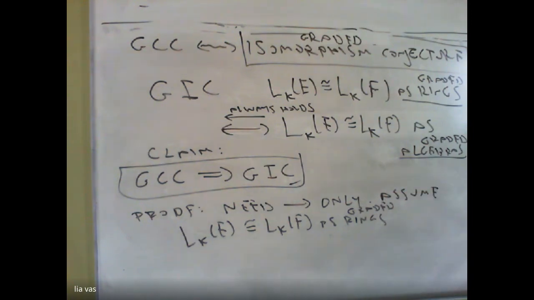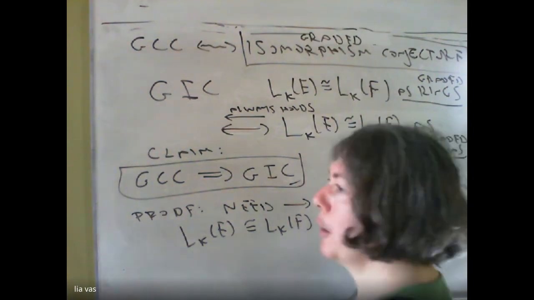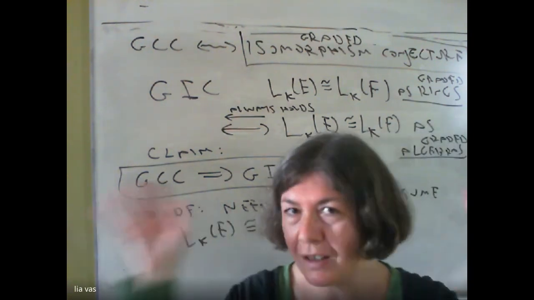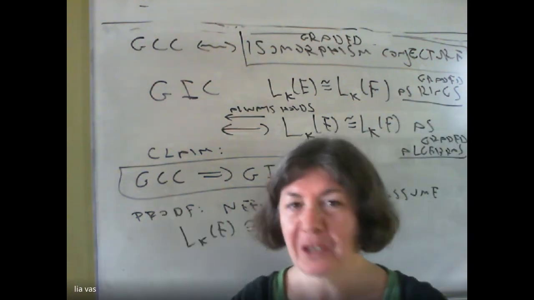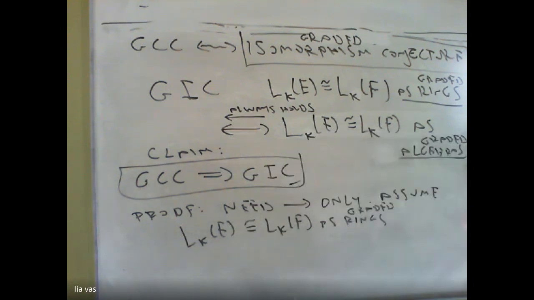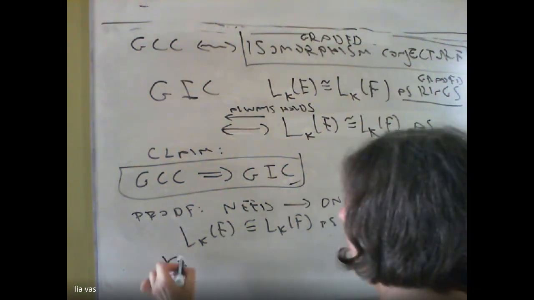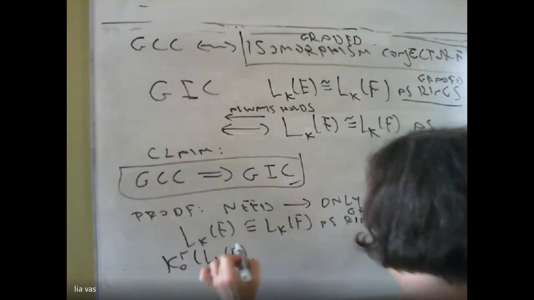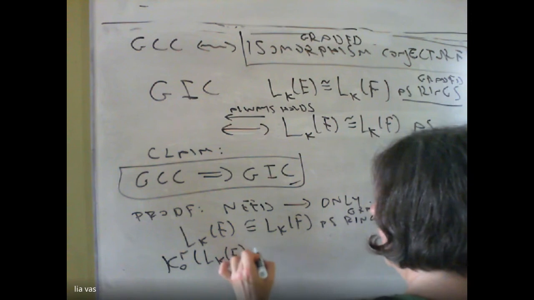If they are isomorphic as graded rings, then their pointed K_0 is the same, because the same rings should give you the same K_0, and that holds for the graded case as well, right? So if two graded rings are isomorphic, then you have that their K_0^gr, pointed, not pointed, are isomorphic.